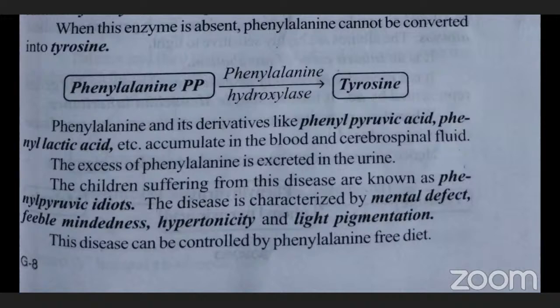Here the recessive genes are present, so phenylalanine hydroxylase is not produced. Hence the phenylalanine will be continuously accumulated in the blood. If it is continuously accumulated in the blood, the excess phenylalanine is excreted in the urine.